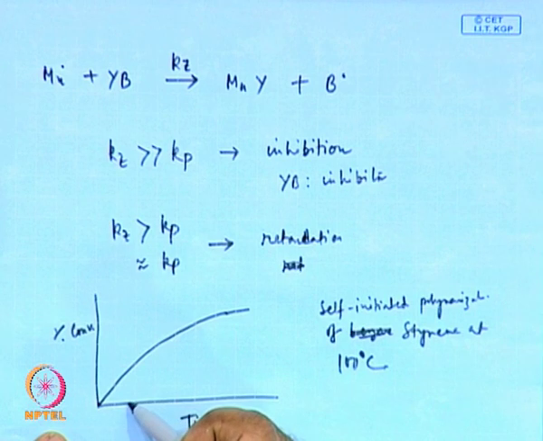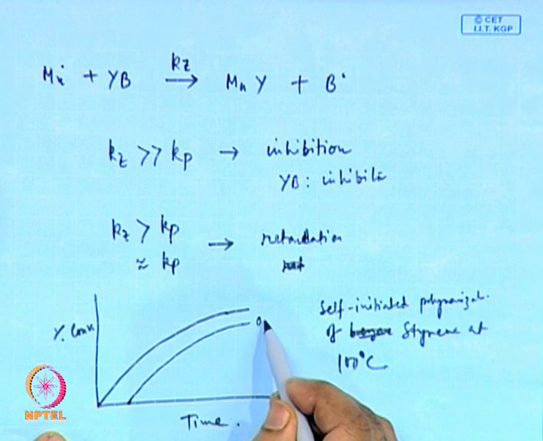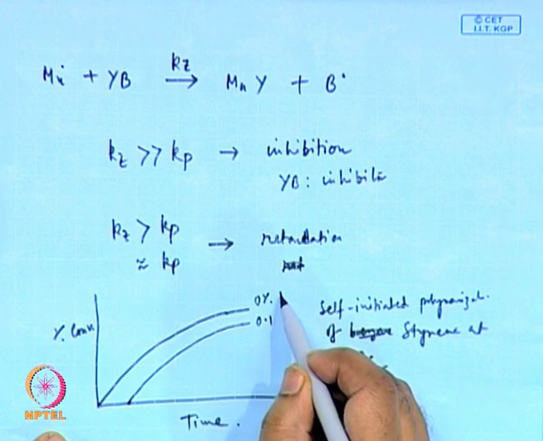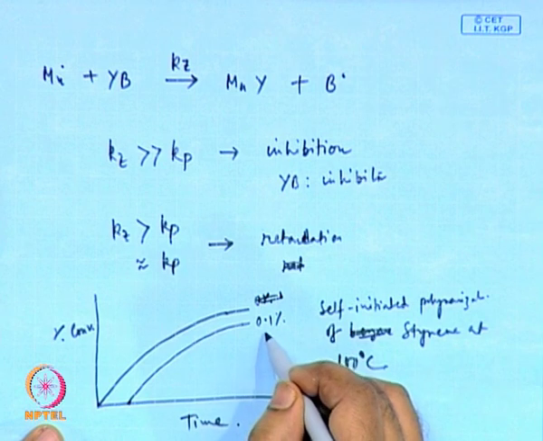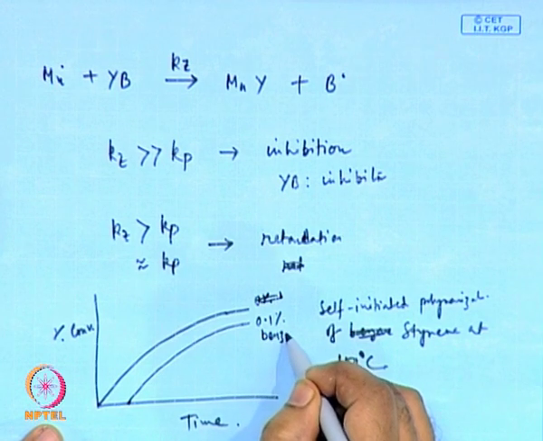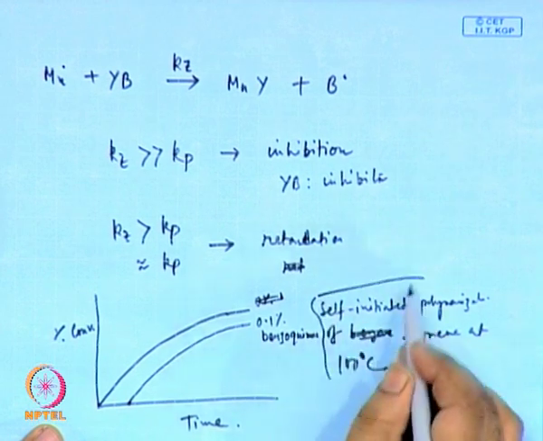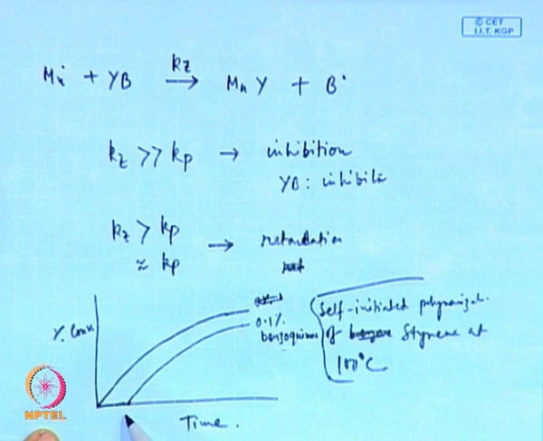So, higher is the conversion. This is 0%, with no external molecule added. Now if I add 0.1% benzoquinone, for some time there is no polymerization reaction at all, the monomer is not being consumed.